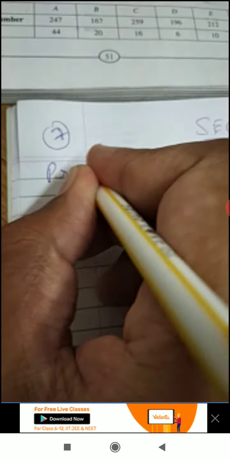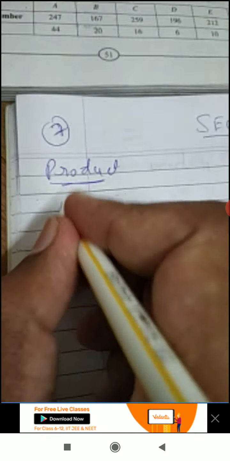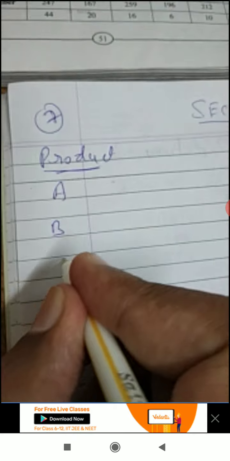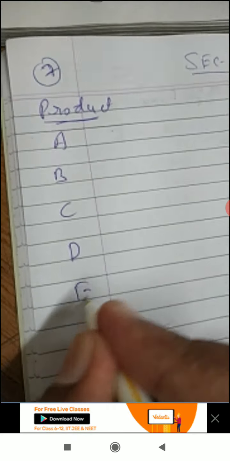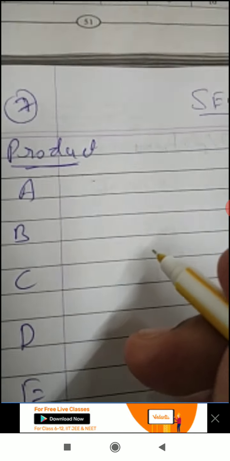Now here, question number 7. The products are given, but the names of the products are not given, so we assume product A, B, C, D, and E. Five products are given here.